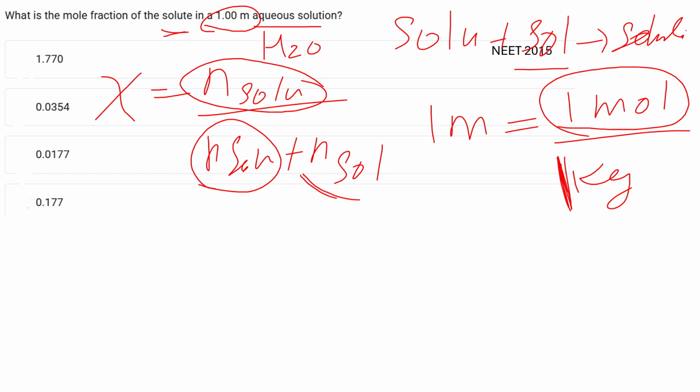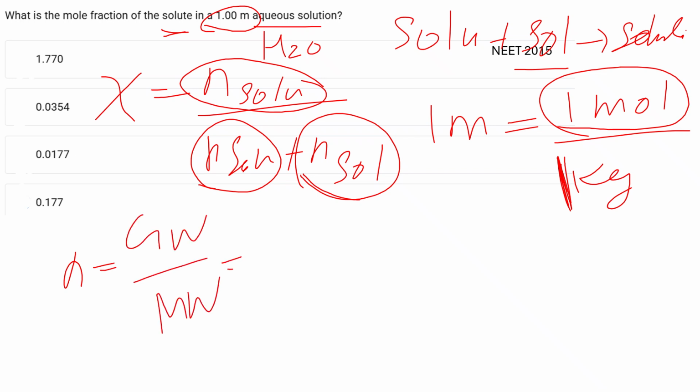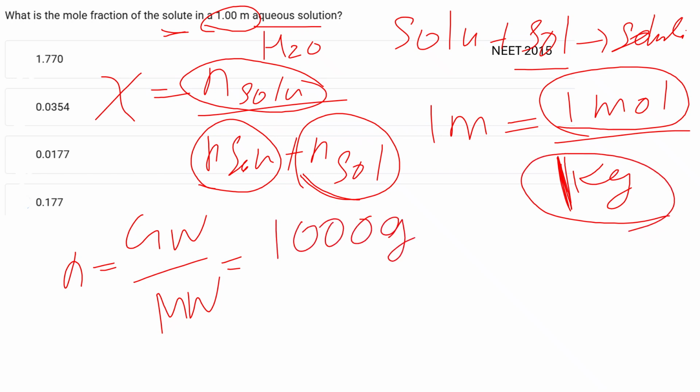Then the only factor remaining is the number of moles of solvent. It is very simple. Number of moles is nothing but given weight divided by molecular weight. Given weight is 1 kg. Write it in grams, because the molecular weight of water is 18 gram. Just divide, what will we get? 1000 divided by 18.